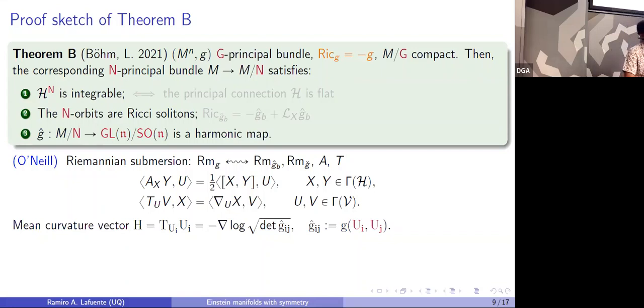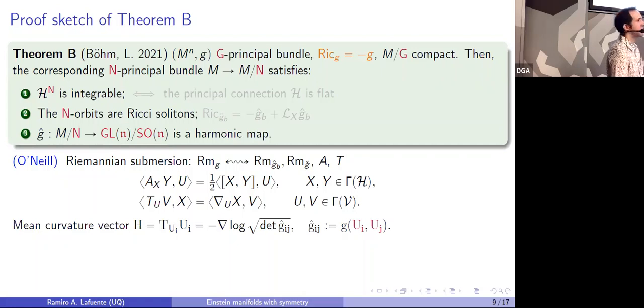In the case of a principal bundle, you can write it as a gradient vector field where the potential is the logarithm of the volume density of the orbits. So here U_i are just a fixed frame of Killing fields spanning the vertical distribution, and then you write the metric vertically in this frame.